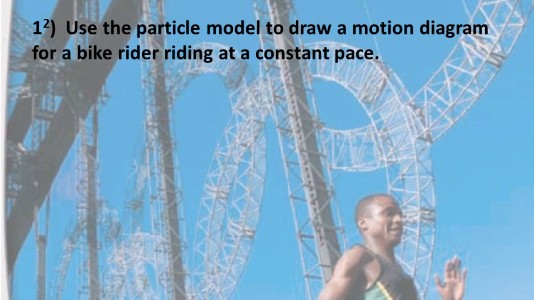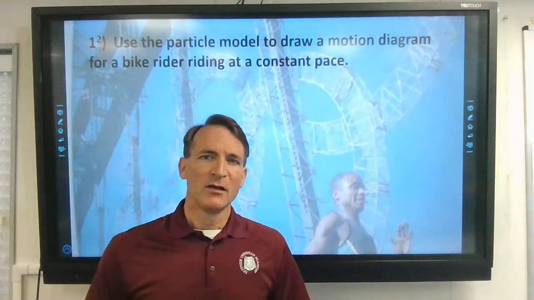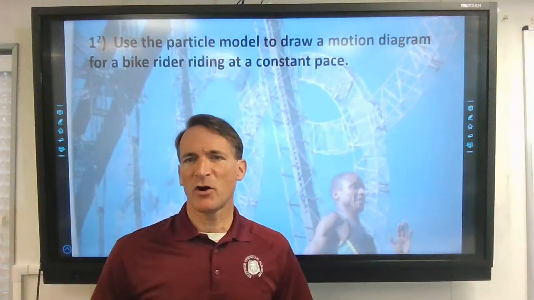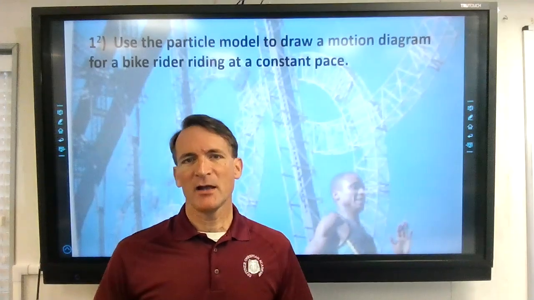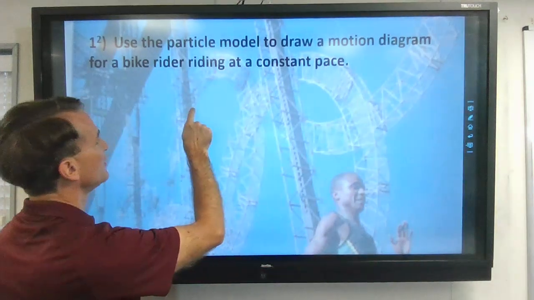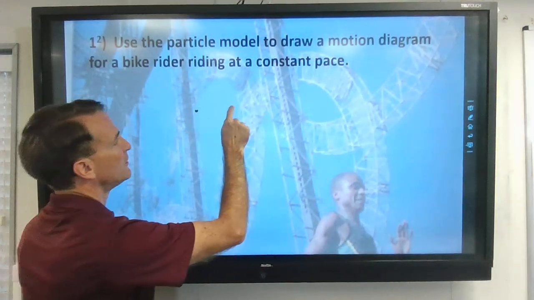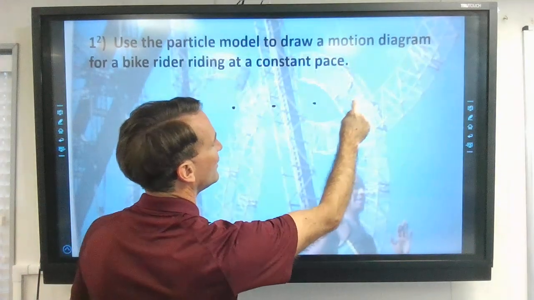It says use the particle model to draw a motion diagram for a bike rider that is riding at a constant pace. So I'll give you a moment. What would you do using a particle model where somebody is riding a bike at a constant pace? If you have your particle model, it looks something like this, where you have a dot here, a dot here, a dot here, a dot here, a dot here.